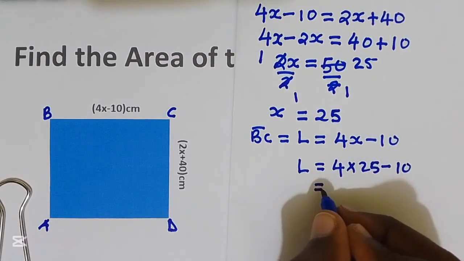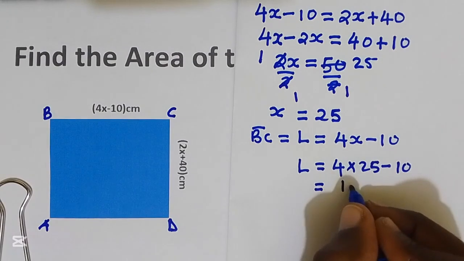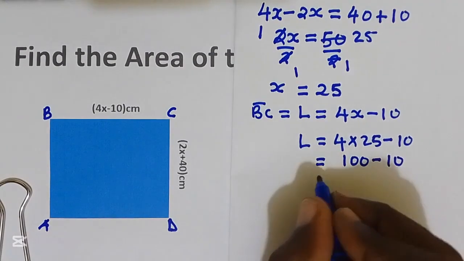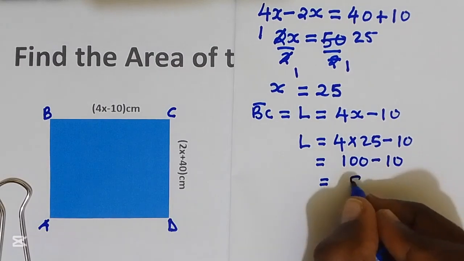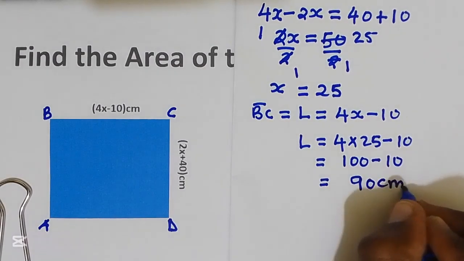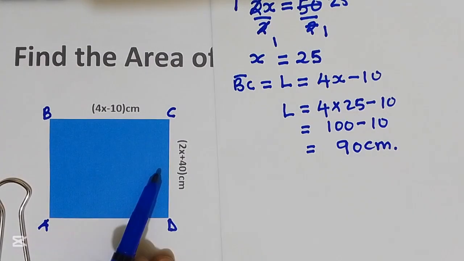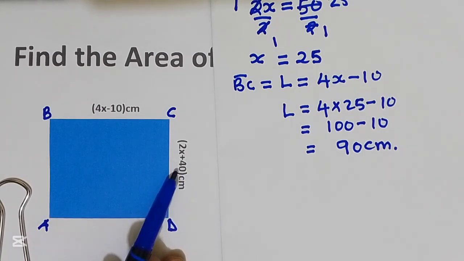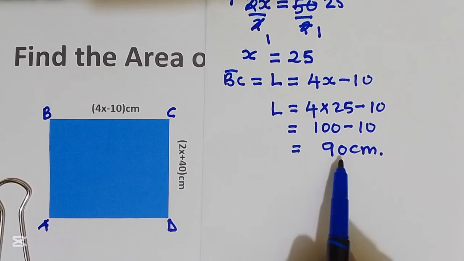We are going to get that equal to 100 minus 10. We are going to get length is equal to 90 centimeter. Since this is a square, even if we substitute the value of x into 2x plus 40, we are going to get the same value of length, which is 90 centimeter.